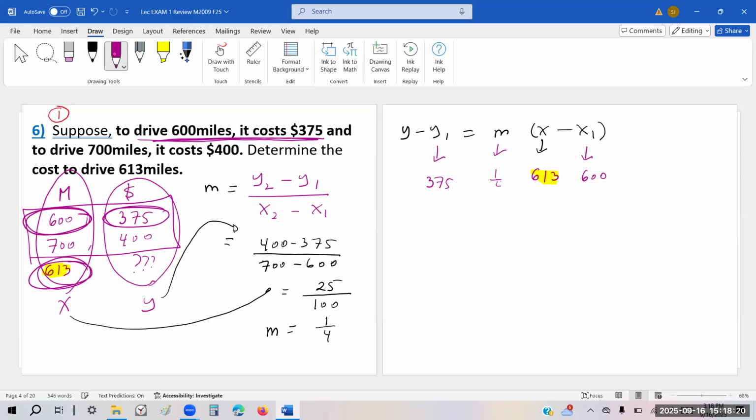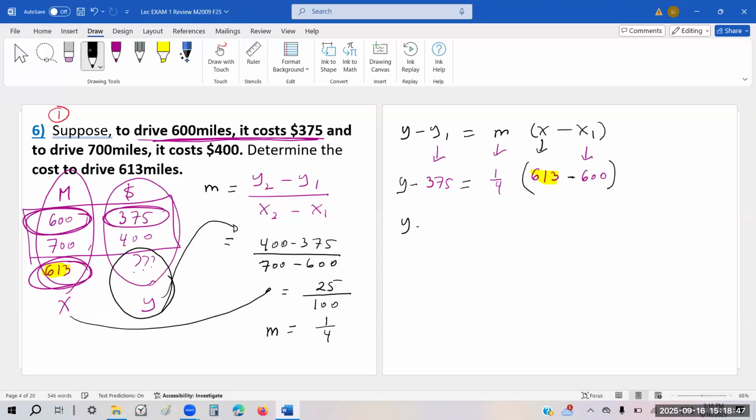A slope is 1/4. So what do we have? Y minus 375 equals 1/4 times 613 minus 600. So we have all the information. We're just looking for Y. When X is 613, how much is the Y?